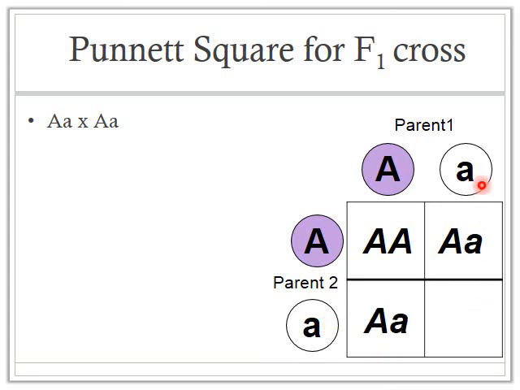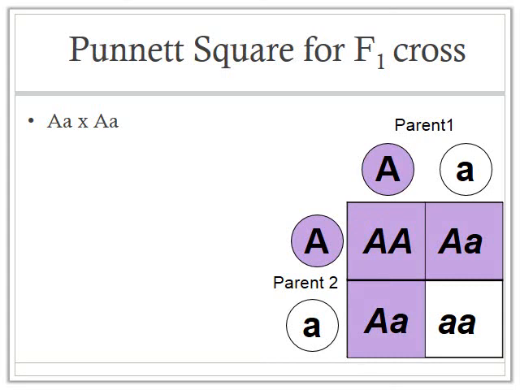And the last, little a comes down, little a comes over. Now this is the possible offspring that can be born between these two parents, the F1 generations. So these are the genotype possibilities of the F2 generation. I said genotype because we're looking at their letters, their alleles here.